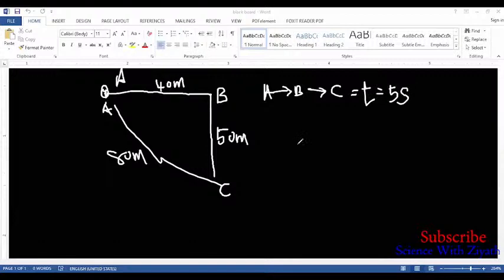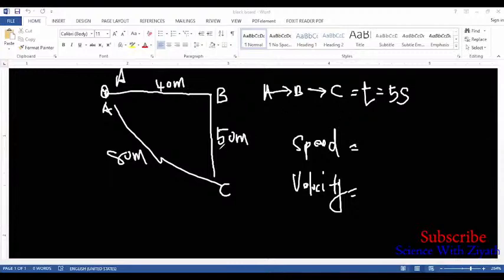Please find the speed and please find the velocity. What is the speed? What is the velocity?